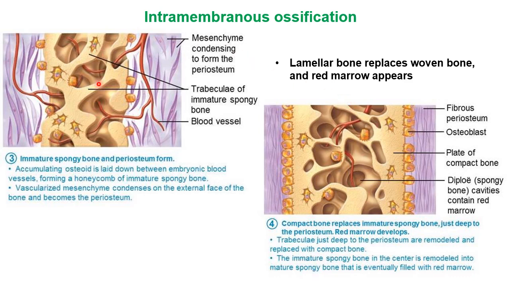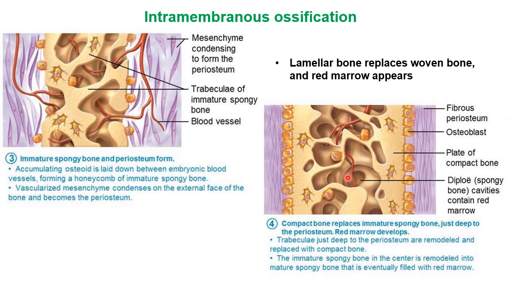And as this spongy bone formation matures and you have your periosteum that forms on the side, the space just before the periosteum starts to develop into compact bone. So this is how you get the sandwich type of formation. You have the development here of this compact bone, and then the center continues to be spongy bone. And then close to the other periosteum, you have more compact bone development on both sides.